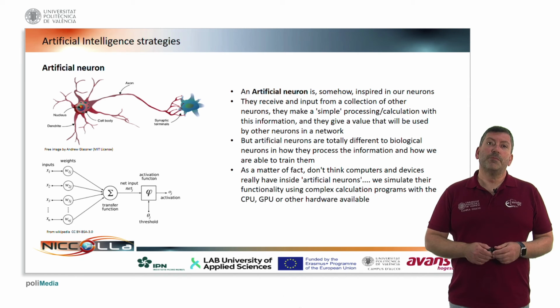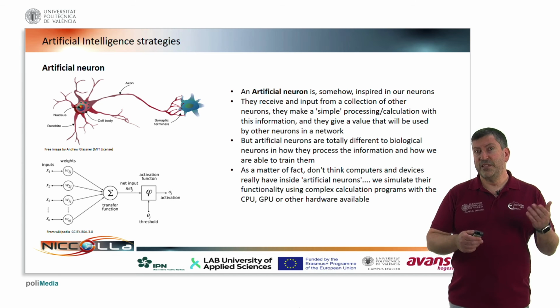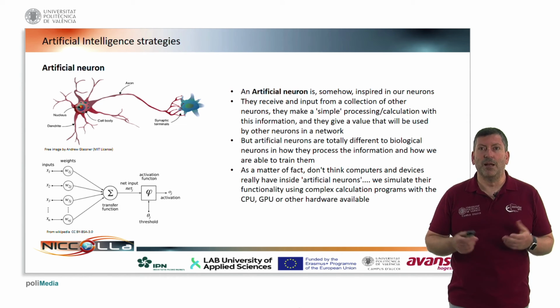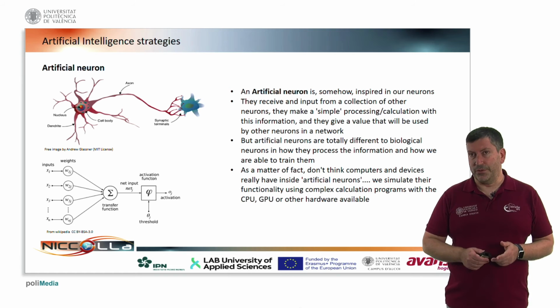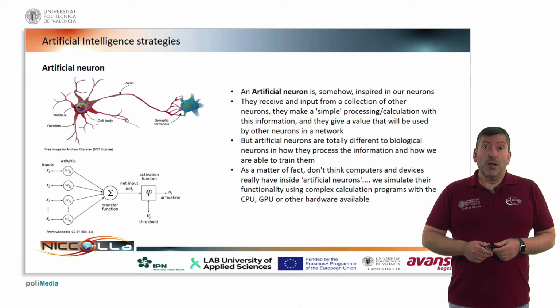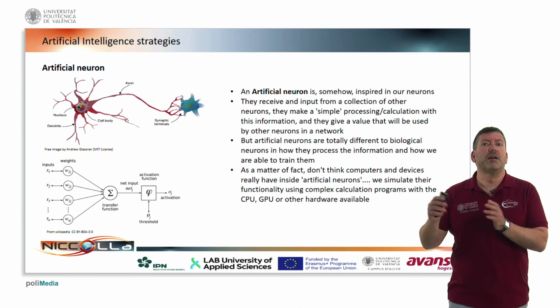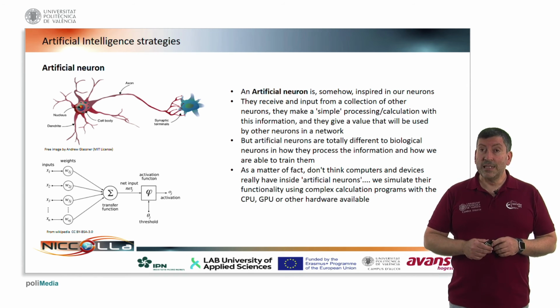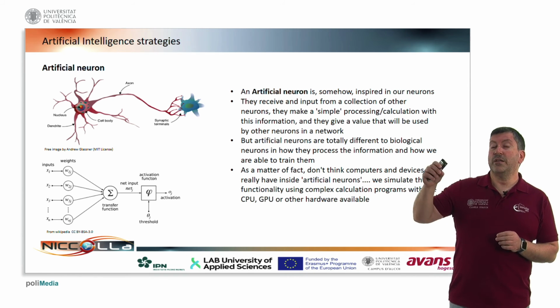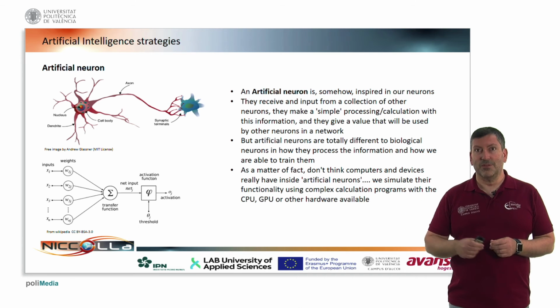So deep learning is based on what we call an artificial neuron, and an artificial neuron is somehow inspired by our neurons. Somehow, because they receive an input from a collection of other neurons, they make a simple processing calculation with this information, and they give us a value that will be used by other neurons in a network.